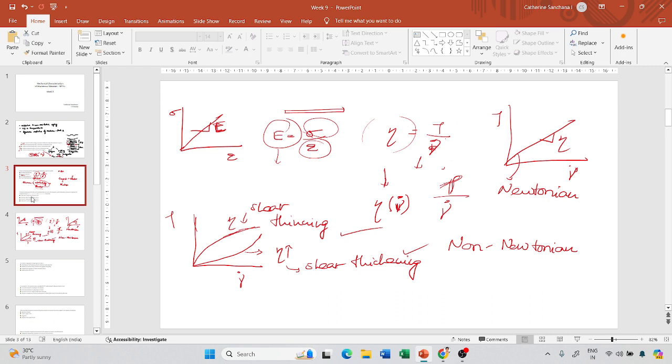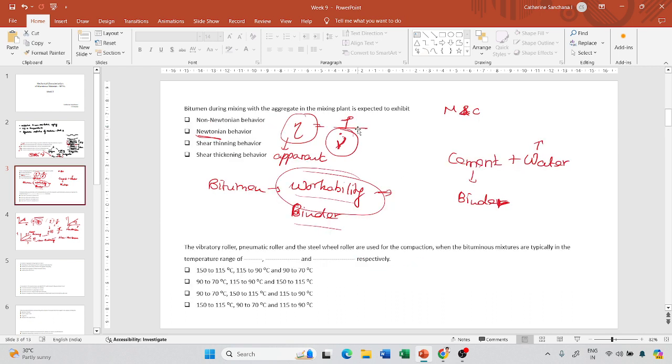Okay, so this is what I wanted to say regarding this part. That is why we have not selected non-Newtonian, nor shear thickening, nor shear thinning, because all these correspond to non-Newtonian behavior which we are not going to target.